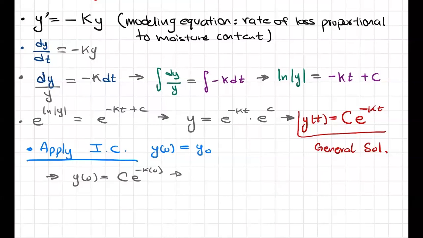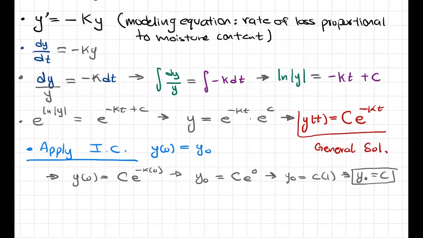And we know that k times 0 is just 0, so we get y naught, because y of 0 equals y naught, equals C e to the 0. We know e to the 0 is 1, so y naught equals C times 1, in which we know that y naught is equal to C.